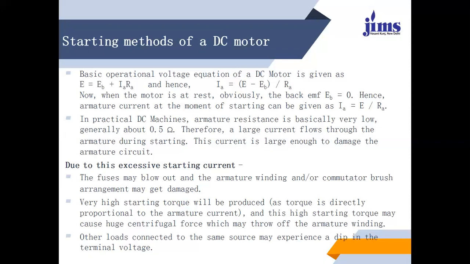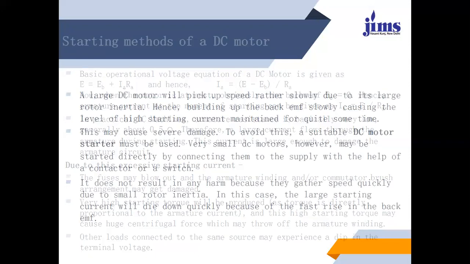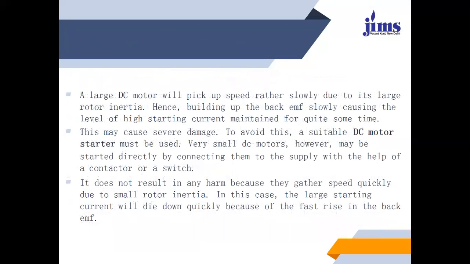Other loads connected to the same source may experience a dip in terminal voltage. A large DC motor picks up speed rather slowly due to its large rotor inertia, building up the back EMF slowly, so the high starting current is maintained for quite some time. This may cause severe damage. To avoid this, a suitable DC motor starter must be used to start the motor.